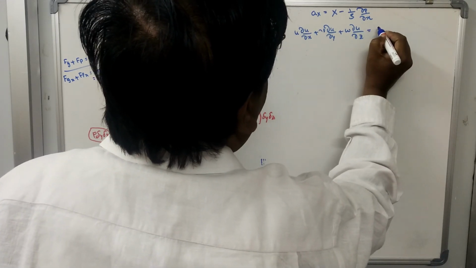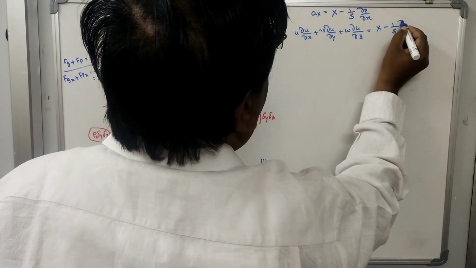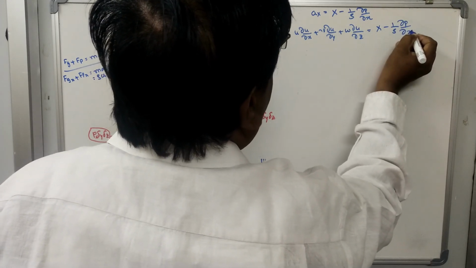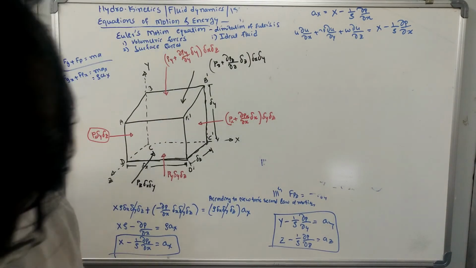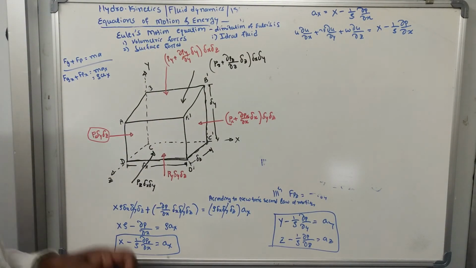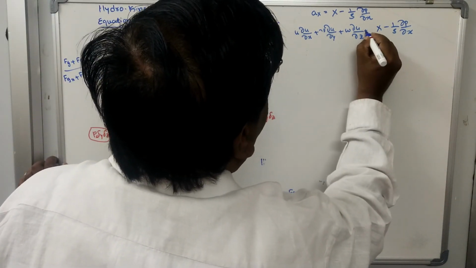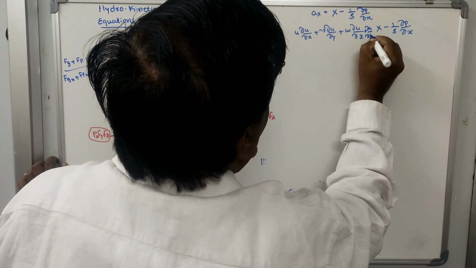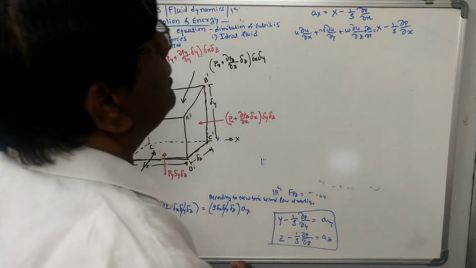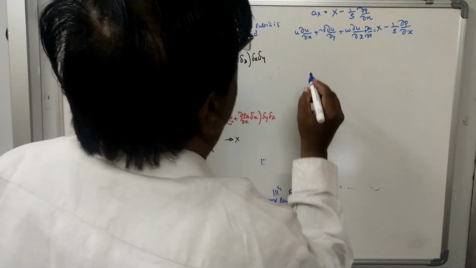This is equal to X minus 1 by rho ∂p/∂x. And if it is an unsteady flow, plus ∂u/∂t is equal to X minus 1 by rho ∂p/∂x.